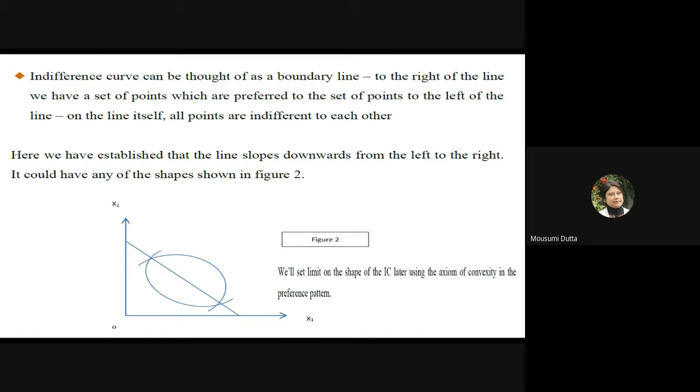In that context, I'll also talk about weak convexity as well as strict convexity. It can be strictly convex or it can be weakly convex. Conventionally, whether the curve will be strictly convex or weakly convex, we will discuss all these ideas.